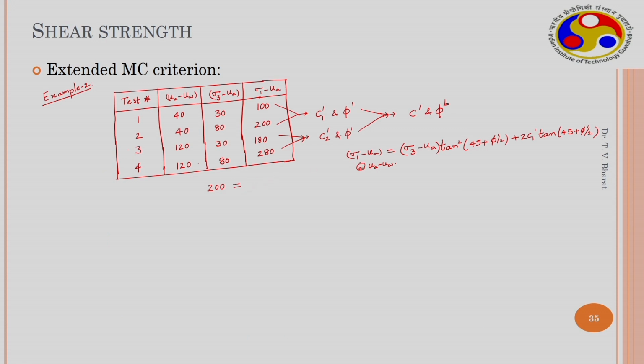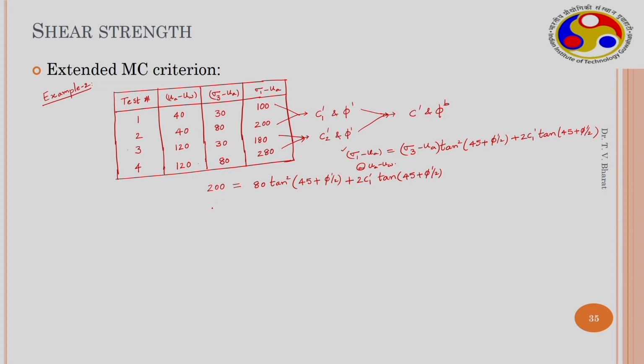So, here when we substitute sigma 1 minus UA from the second test data, this is 200 is equal to 80 tan square 45 plus phi dash by 2 plus 2C1 dash tan 45 plus phi dash by 2.